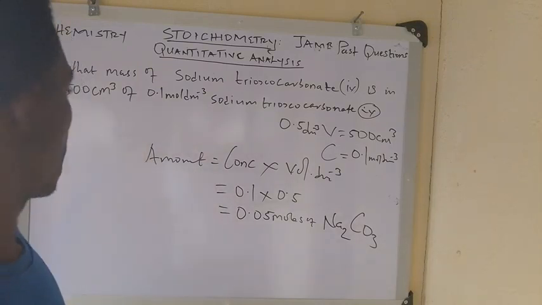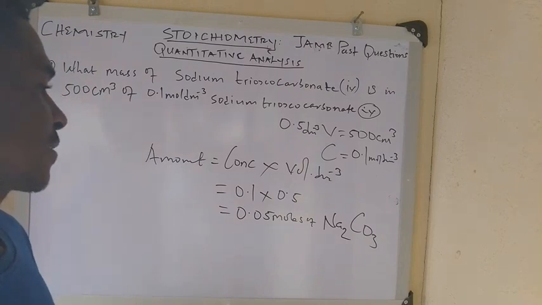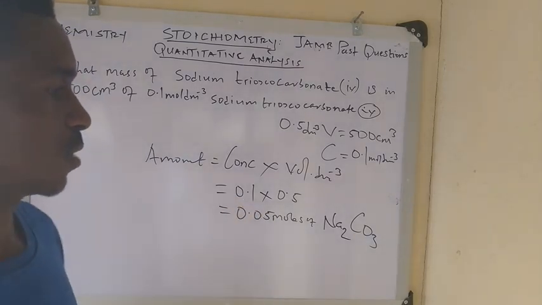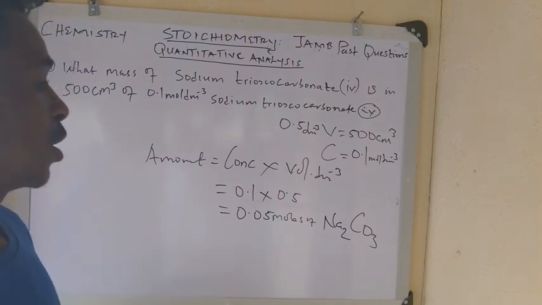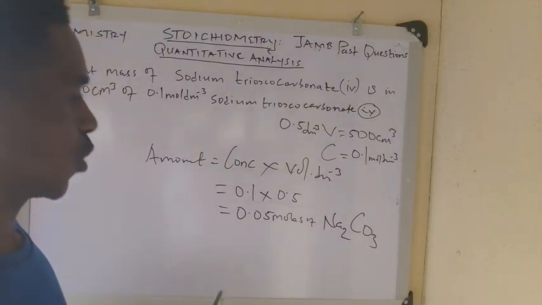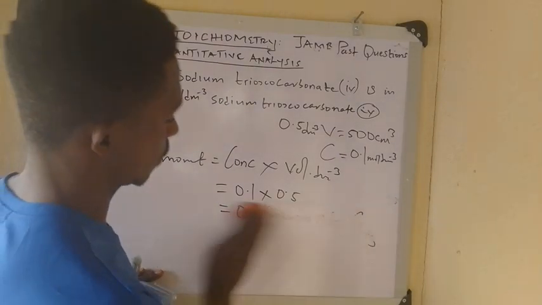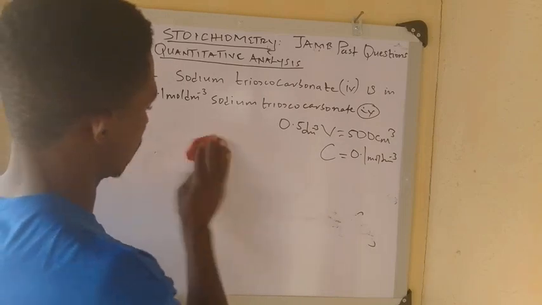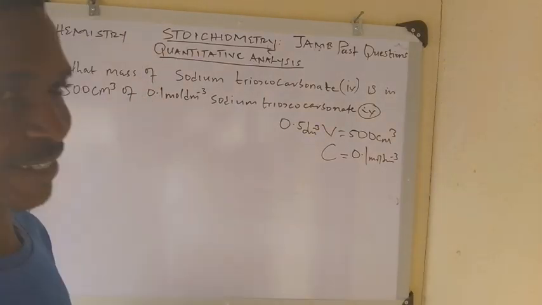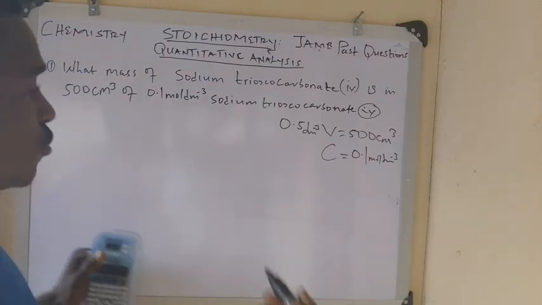But what we are asked to do here is to calculate the mass. This is the mole, so we need to calculate the mass. Remember that our amount is 0.05 moles. So if I want to calculate mass, then this formula is applicable.